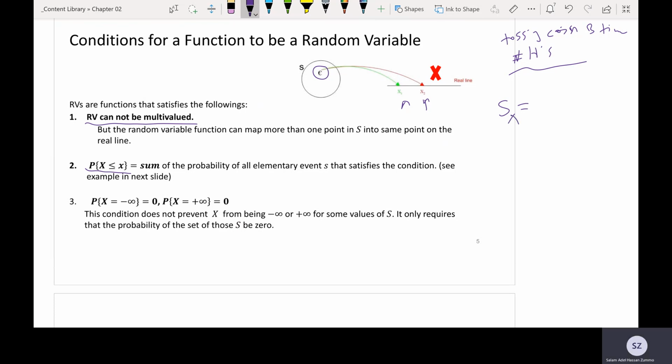X is the number of heads. What was the range of X? Can it have 0? 0 heads, 1 head, 2 heads, 3 heads, right? What is the probability that X equals 0? 1 over 8. Why is it 1 over 8?